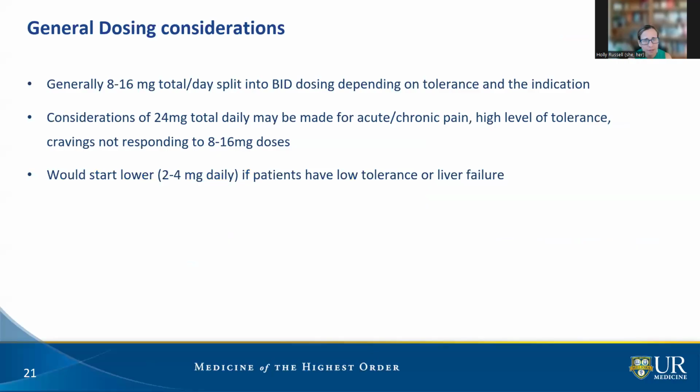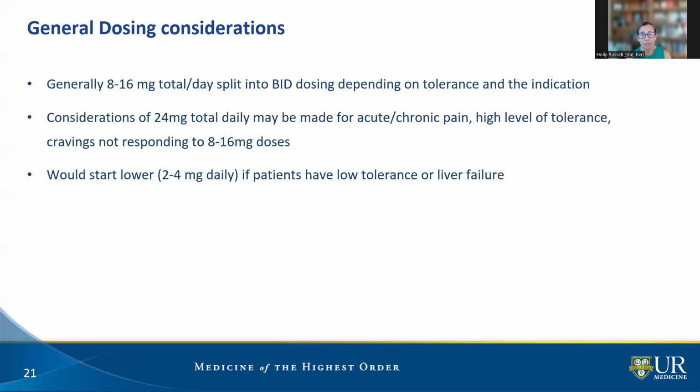General dosing considerations when we're talking about buprenorphine or Suboxone, the combination: most times people end up on a dose that's between 8 to 16 total per day. Usually patients end up taking it twice a day, depending on tolerance and the indication. Lately, we've been seeing patients who need a higher dose, particularly if they've been using fentanyl frequently, they will have a higher tolerance.